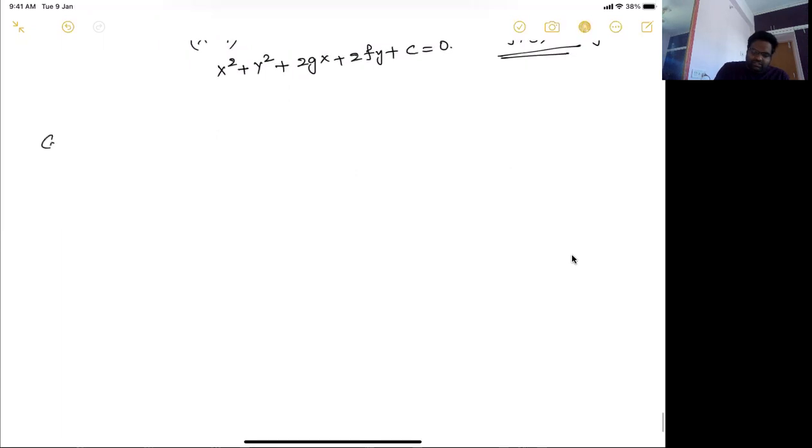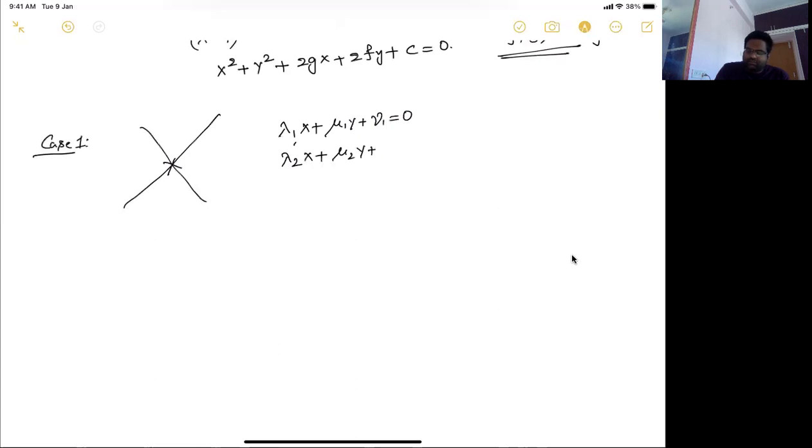Now consider the first case. We can realize the point as an intersection of two straight lines. The first straight line is lambda 1 x plus mu 1 y plus nu 1 is equal to 0, and the second is lambda 2 x plus mu 2 y plus nu 2 is equal to 0. If you solve these equations, each of these coefficients belongs to F_j.